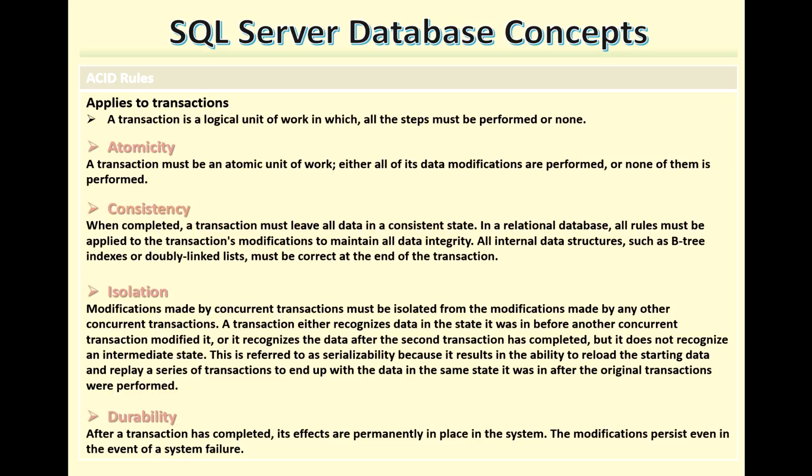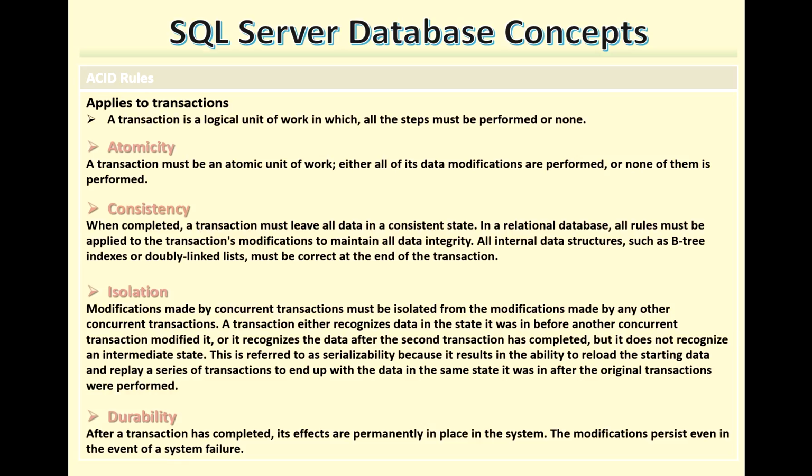Or let's say you are updating an address, so all of your address, including street address, city, zip code, everything should be updated. You should not say I updated half of the information and half not. So that is called atomicity. A transaction must act as an atomic unit of work. Everything should be applied or nothing should be applied.